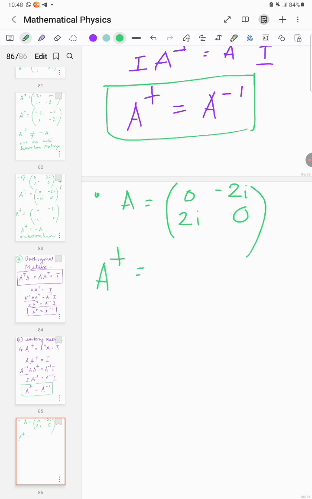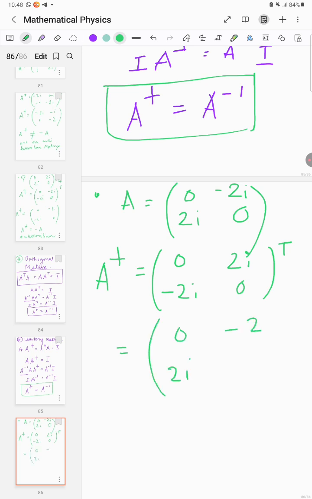A dagger is nothing but the transpose of its complex conjugate. So replace all the iotas by minus iota and find its transpose. Alright. So this becomes [0, 2 iota; minus 2 iota, 0], which becomes equal to A dagger.